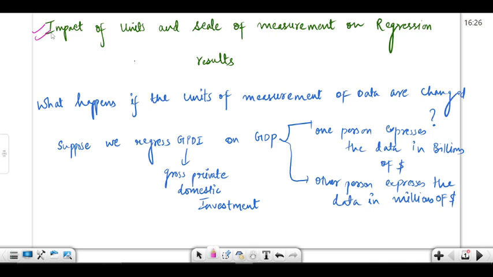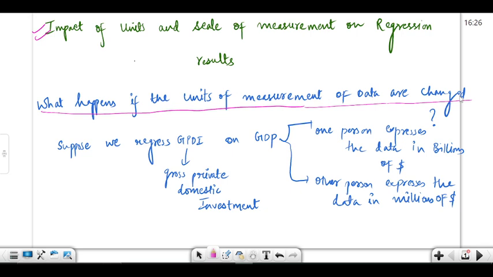What happens if I change the units or the scale of measurement of the data that I'm using to run the regression model? This is the very simple question: what happens if the units of measurement of data are changed?